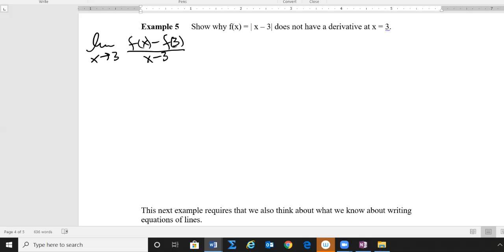Now, the trouble with that is that it contains the absolute value function here, and it's going to be hard to work with that, but we could try it. Let's see what happens here. Going to 3, we have x minus 3 like that, and we have f of 3 is a 0, so we'll have that, and then down here we have x minus 3. So that's this.